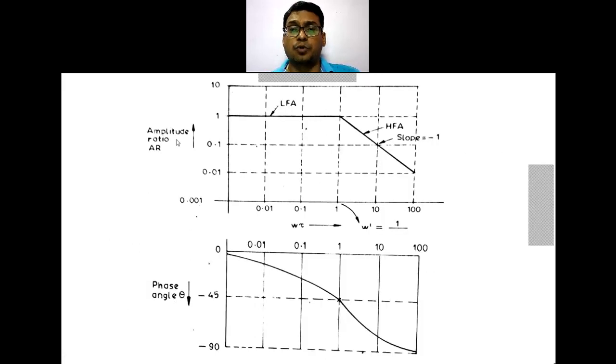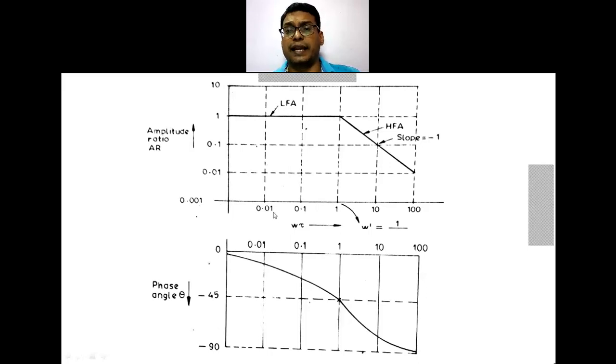Now we will see this Bode diagram, with the amplitude ratio on the y-axis and the radian frequency on the x-axis. So it's a plot of amplitude ratio versus omega tau on the log graph paper. Now you can see the values on this graph paper, that is 1, 0.1, 0.01, 0.001, and so on, and on the upper side, 1, 10, 100, 1000.